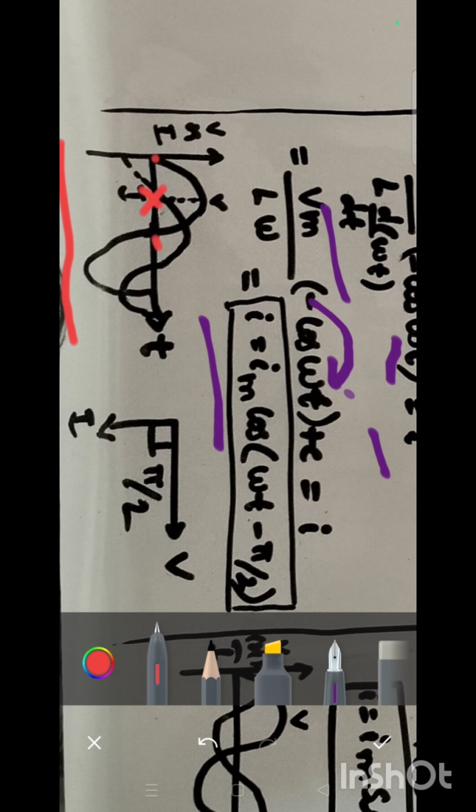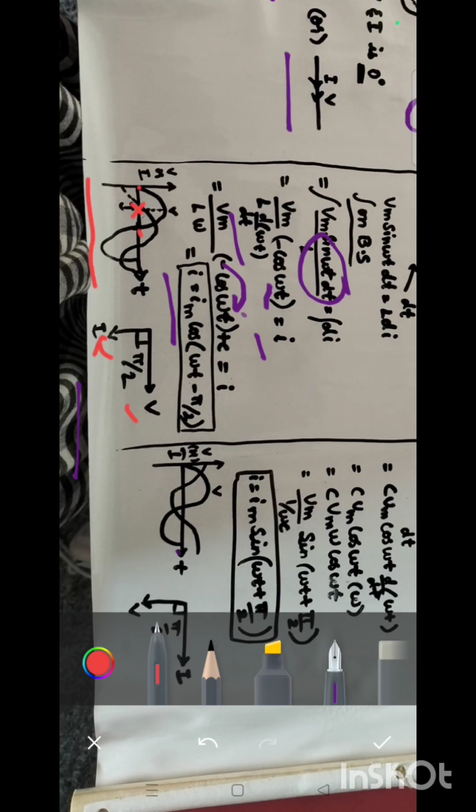So voltage leads current by pi by 2, and this will be the phasor diagram where voltage leads current by pi by 2, current lags voltage by pi by 2 in the below quadrant.